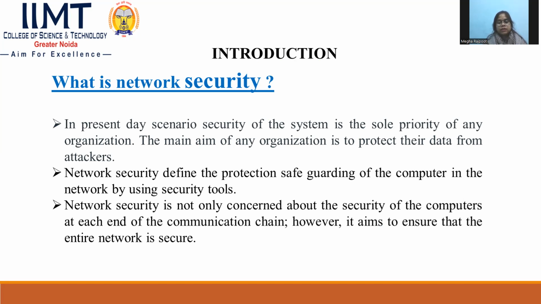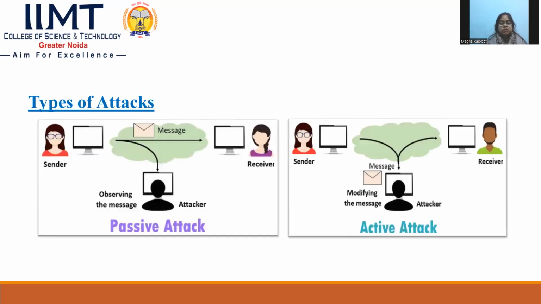So we can say network security is not only concerned about the security of computers at each end of communication. However, it aims to ensure that the entire network is secure. So network security defines the safeguarding of the computers in the network by using security tools.